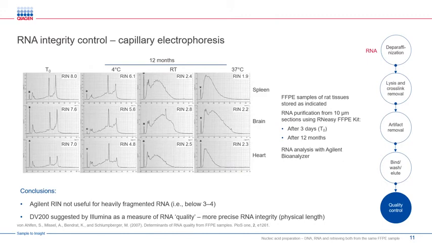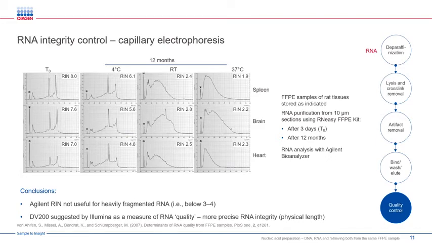In case of RNA, integrity is usually assessed using capillary electrophoresis with instruments like the Agilent Bioanalyzer or the QIAxcel from QIAGEN. And those instruments often provide something like an RNA integrity number, in this case shown again for the Bioanalyzer, for different RNA samples here.